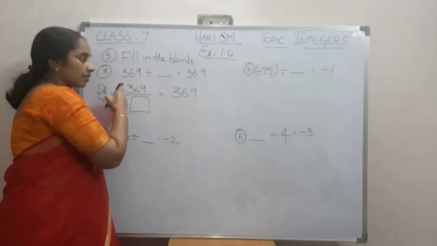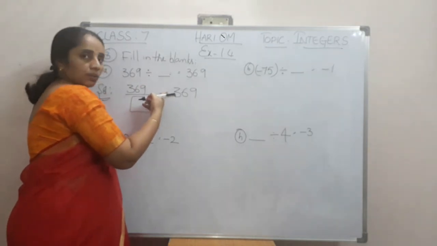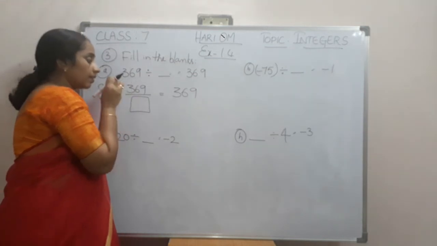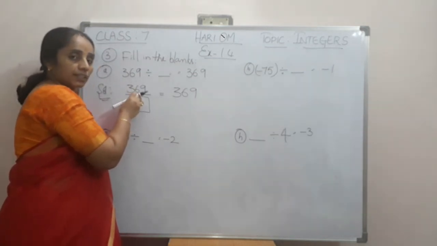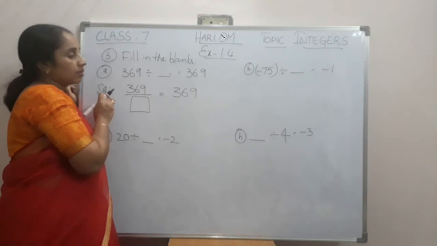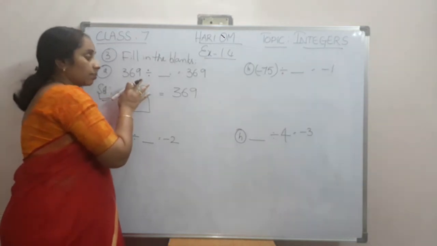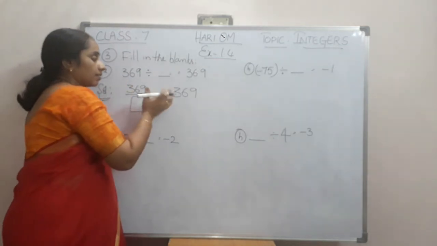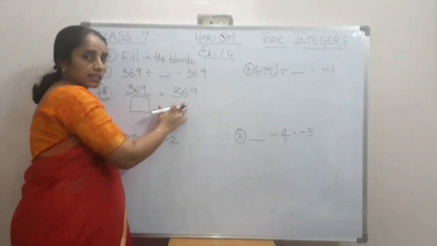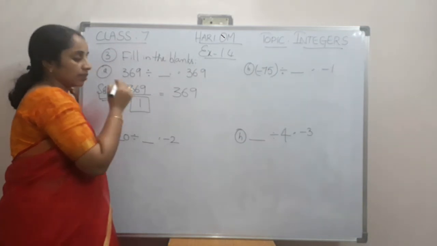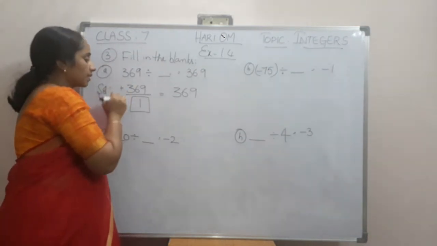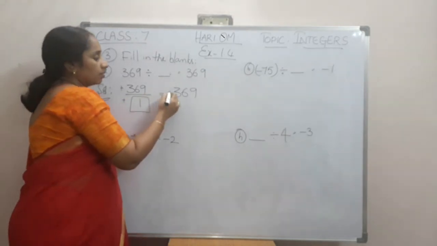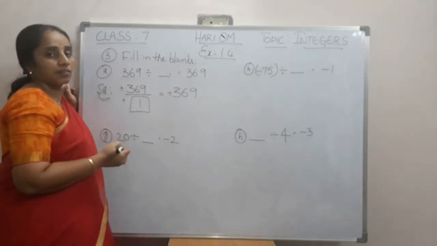Here it is plus and the result is also plus, so whatever number we get here is also positive. By which number can we multiply, and by dividing get the same result? It is 1 only. So plus 369 divided by plus 1 is equal to plus 369 only.